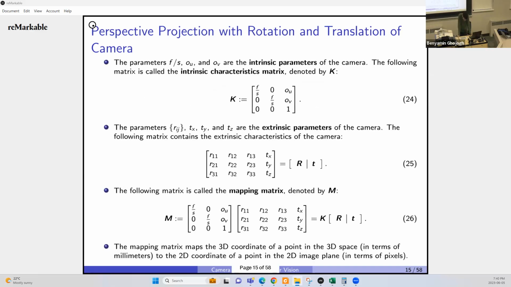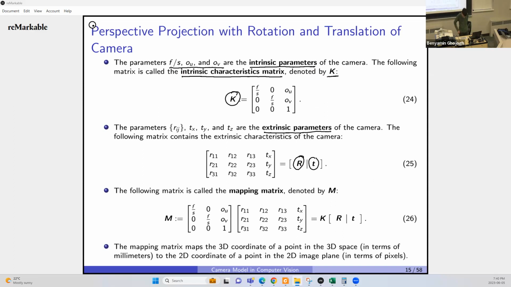Interesting. The parameters f over s, ou, and ov are intrinsic parameters, and we can name it the intrinsic characteristics matrix, denoted by K. The other one is extrinsic parameters, which has rotation and translation.